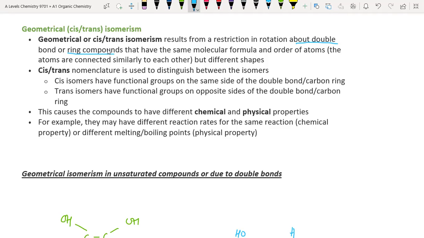As a carbon-carbon double bond structure or ring structure is formed, rotation of the atoms bonded to that carbon is restricted due to that double bond or ring structure. So this restriction in rotation gives a specific structure to the compound.